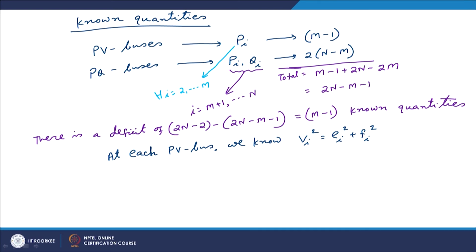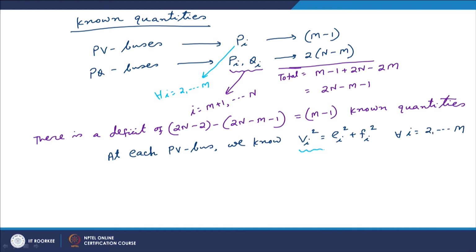This is nothing but the bus voltage magnitude, this is the real part, this is the imaginary part. So, at each and every bus these equations hold good. These equations together are for i equal to 2 to m.